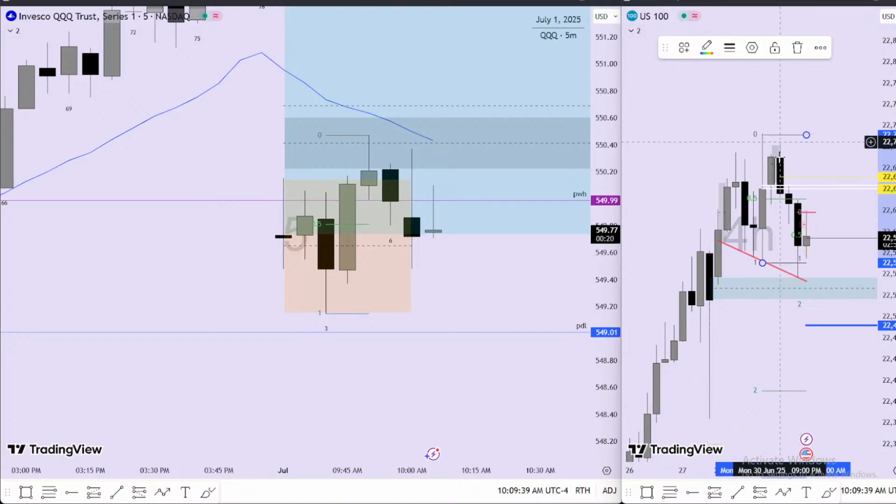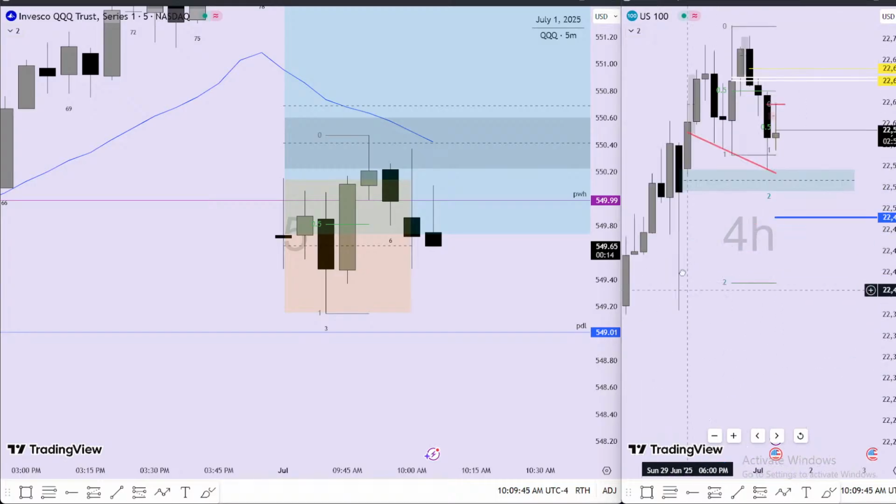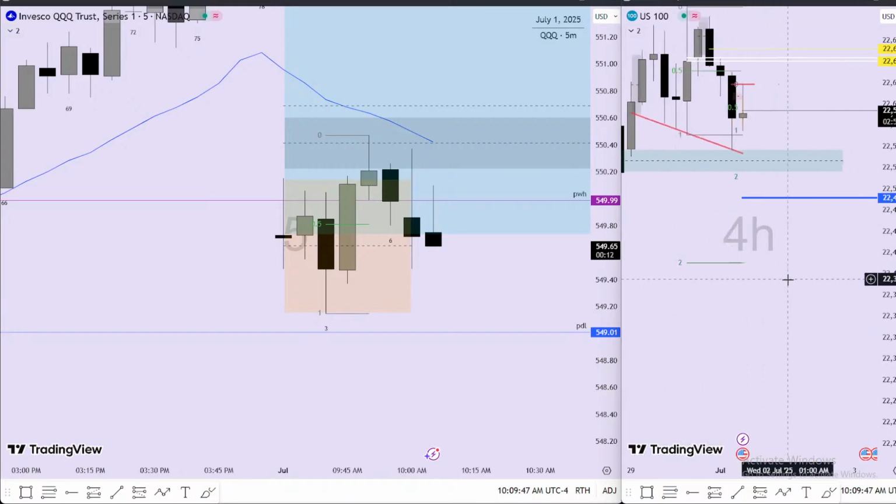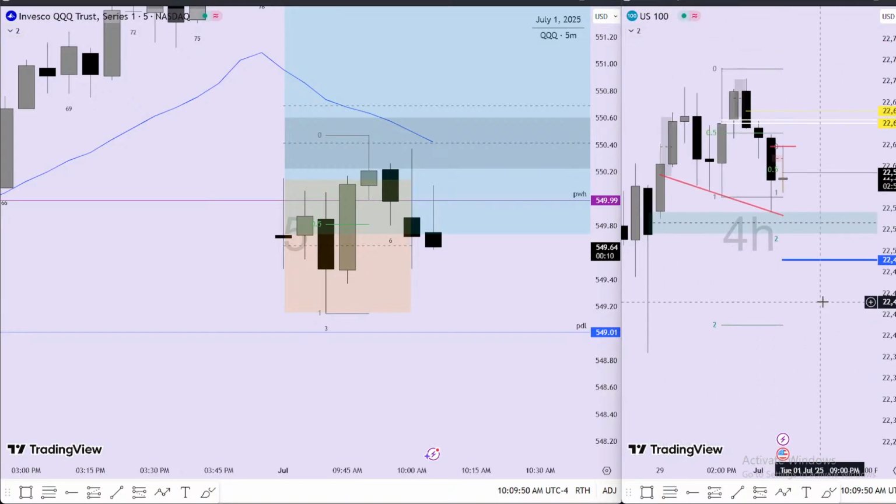Single standard deviation of this candle, the outside bar on the 4 hours, put us back to close to this low. So that's something.